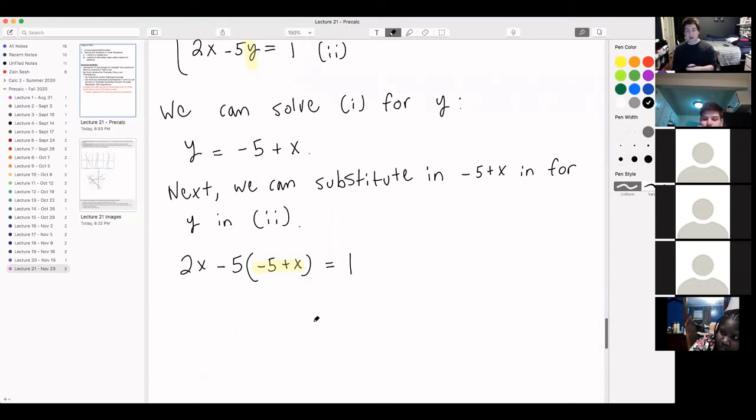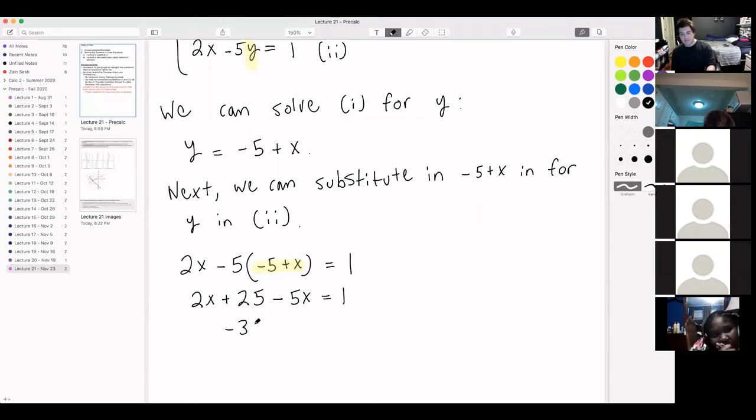So this is now a correct equation in one variable, and we can solve this quite easily. So let's just kind of work it out. So 2x, now distribute the minus 5 into the parentheses. You'll get 2x plus 25 minus 5x is equal to 1. Okay, combine like terms and subtract 25 from both sides.